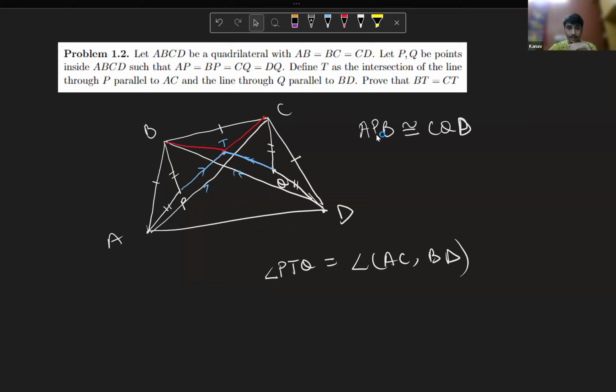Maybe choose a point X on CD such that BT is equal to TX. Is that what you mean?